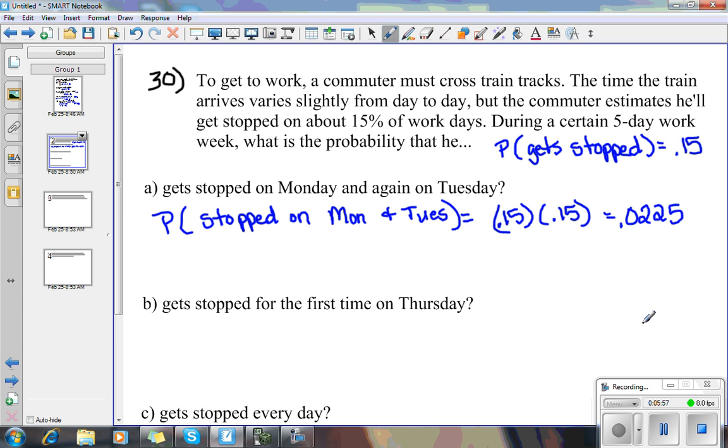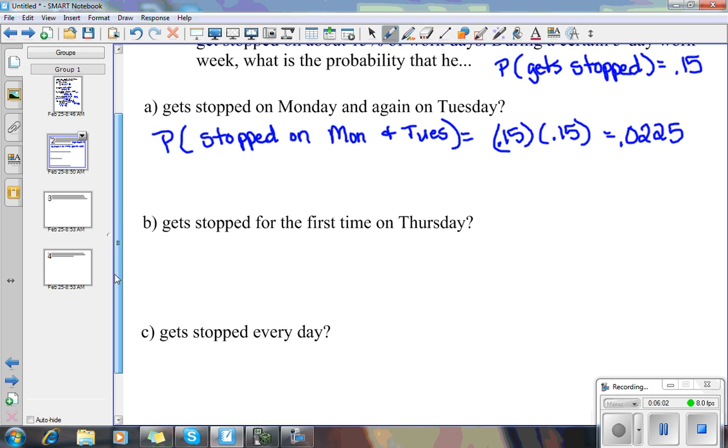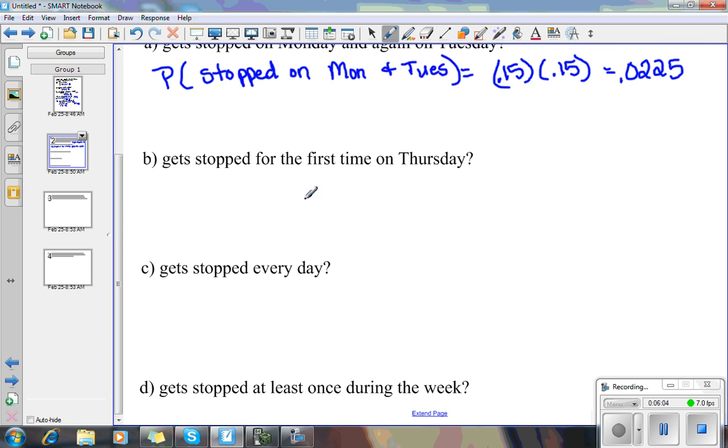So that would be the probability that he would be getting stopped on Monday and then again on Tuesday. The next question says, what's the probability he gets stopped for the first time on Thursday? Okay, think about that, what that means.